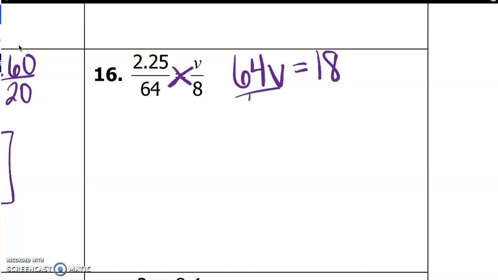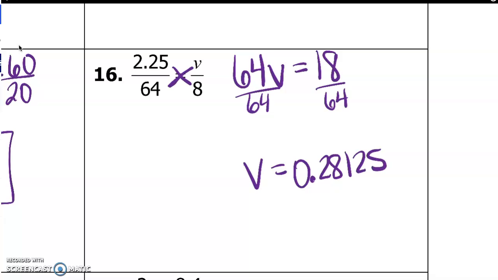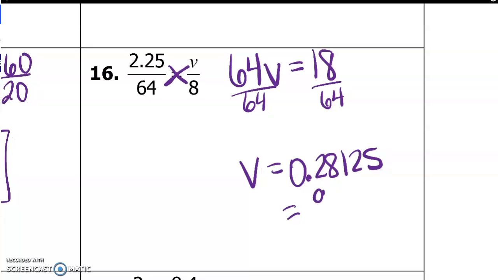So then I need to divide by 64, and v equals 0.28125. If you would rather just leave that as a simplified fraction, since it's kind of a long decimal, it would be 9 over 32. So either way, 9 over 32 or the 0.28125.